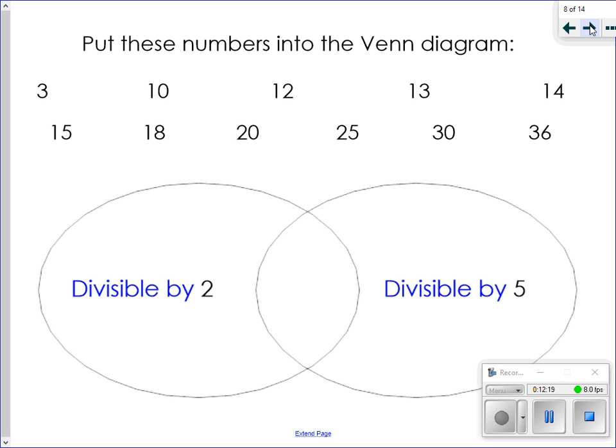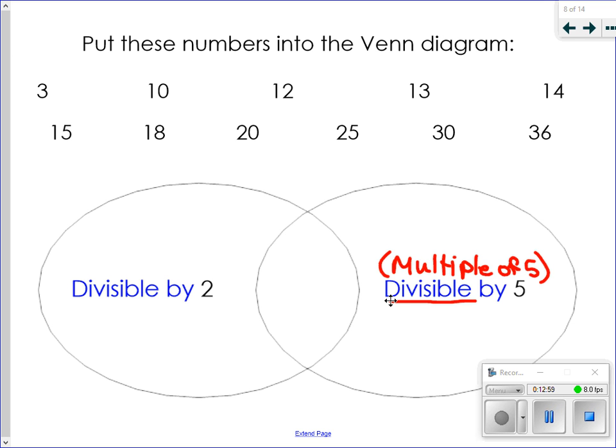Well, think about what a number would have to end with to be divisible by 5. In other words, remember divisible means it's a multiple of 5, and multiples of 2. Okay. Well, 3. Is 3 divisible by 2? No, because it's odd. Is it divisible by 5? What would it have to end with if it's divisible by 5?